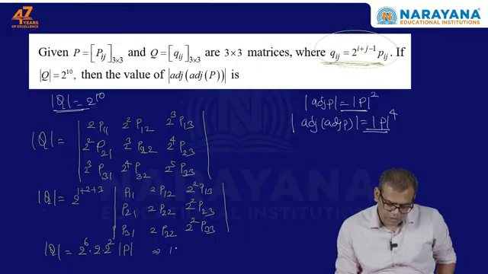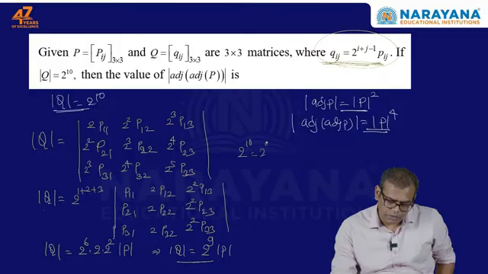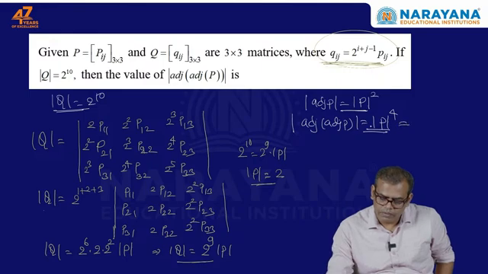So our relation is determinant of Q is equal to 2 to the power 9 into determinant of P, and very good, determinant of Q is given as 2 to the power 10, which is equal to 2 to the power 9 into determinant of P. Therefore determinant of P is 2. And what we need to find out is 2 to the power 4, so the answer is 16.